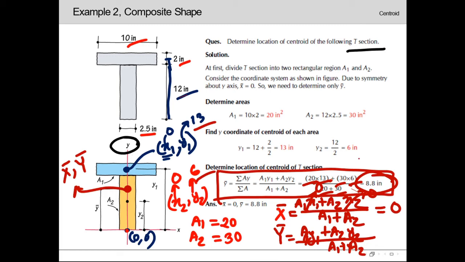So we can conclude x bar comma y bar is equivalent to 0 and 8.8. The value of x bar is 0 and the value of y bar is 8.8.